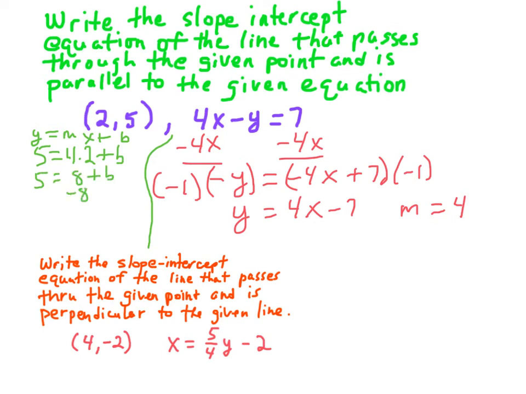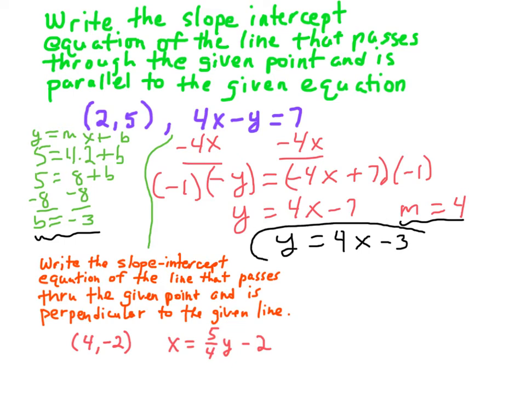Subtract 8. And I get b equals -3. So now I have my slope and my y-intercept. So my equation is y equals 4x, and then I've got to use the y-intercept of -3.